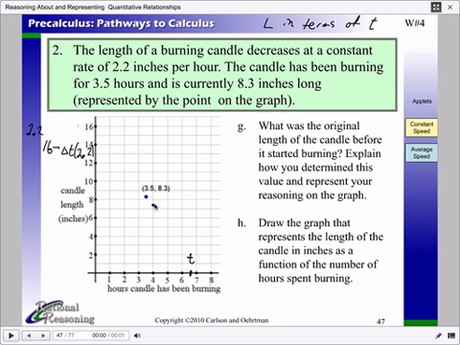So did anyone start with our point here, 3.5 and 8.3? You're trying to find a formula for any point during the timeline.